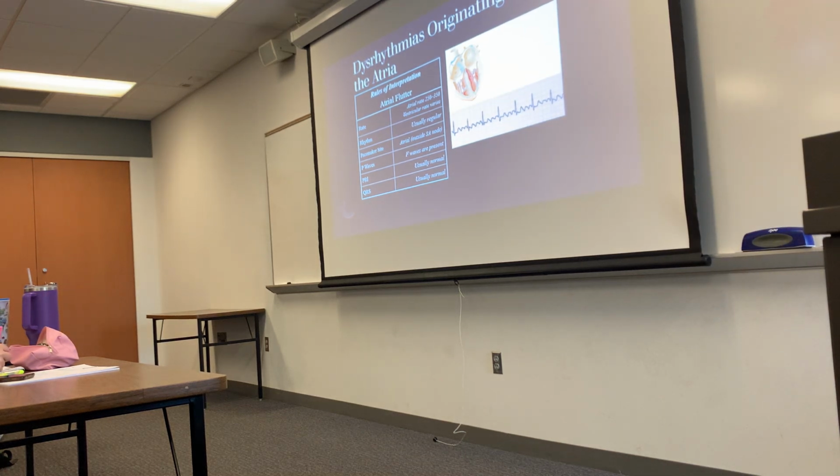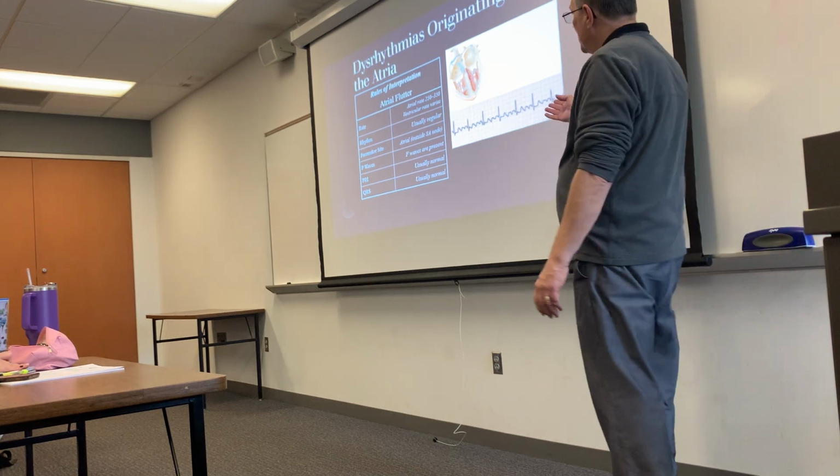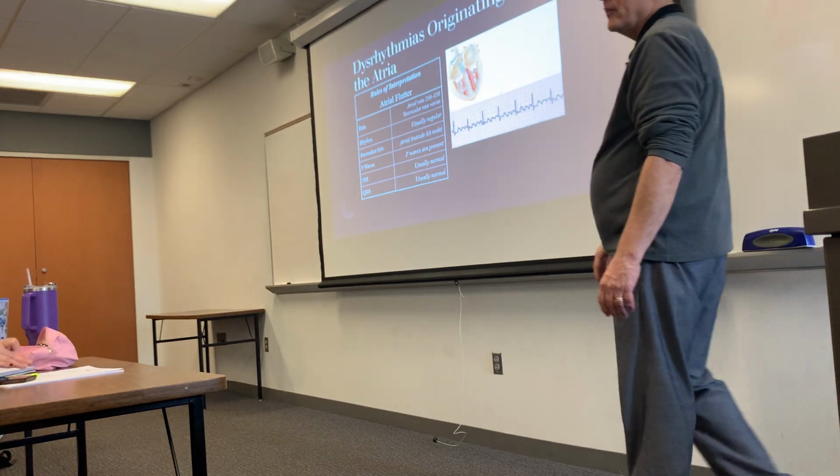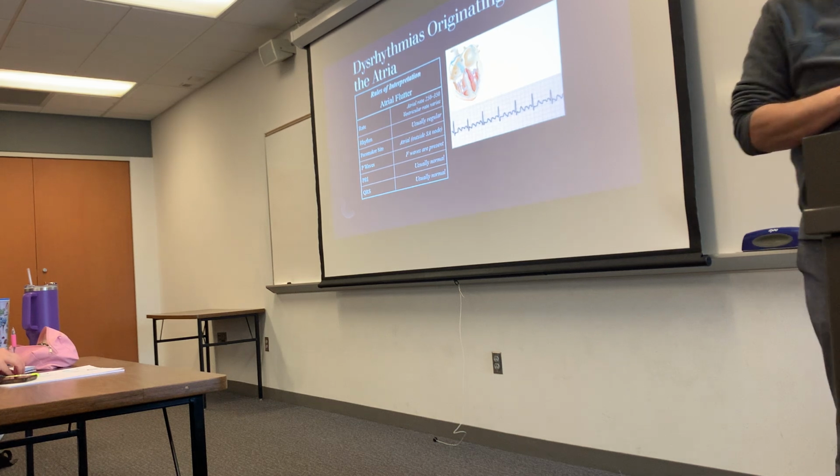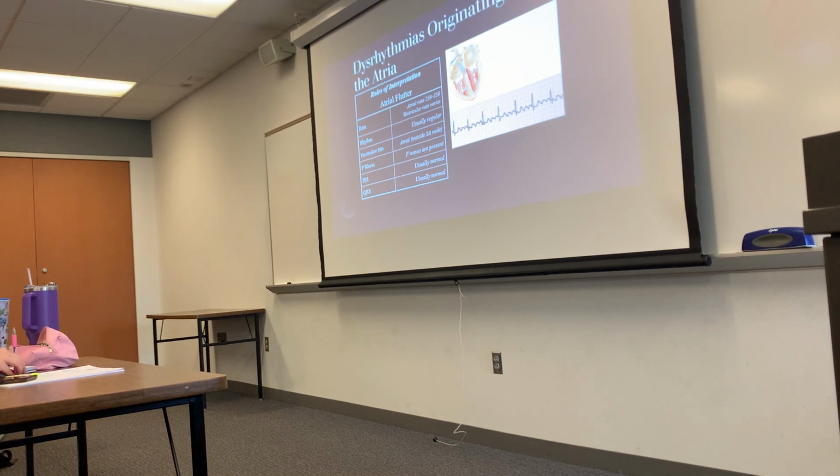Alcoholism, hyperthyroidism, we see this a lot. And it depends how fast the atrium is going as to whether they're symptomatic or not. Did you say hypo or hyper? Hyperthyroidism. And when you get to Karen here in a few weeks, she's going to talk about what the thyroid can do to the heart.